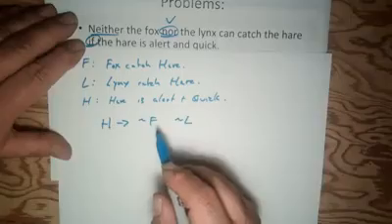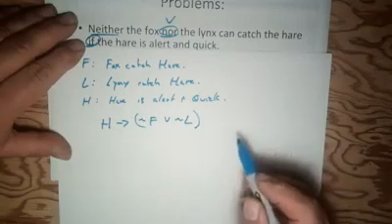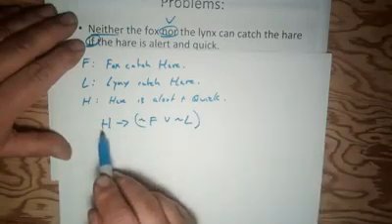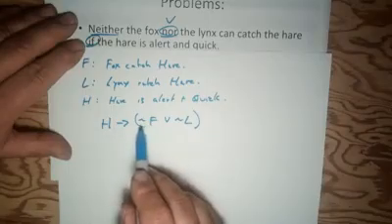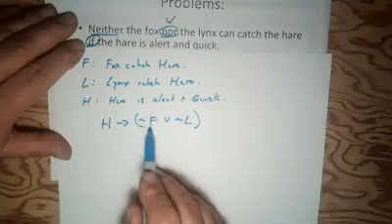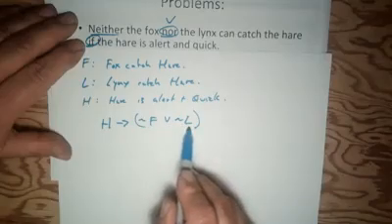What do we do about our brackets here? If the hare is alert and quick, then the fox can't catch the hare, or the lynx can't catch the hare. Does that seem right?